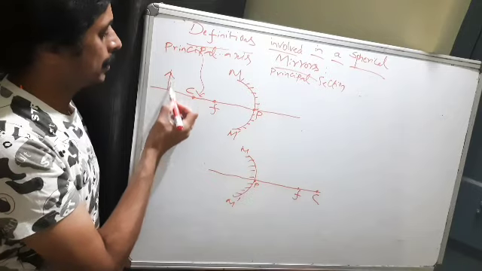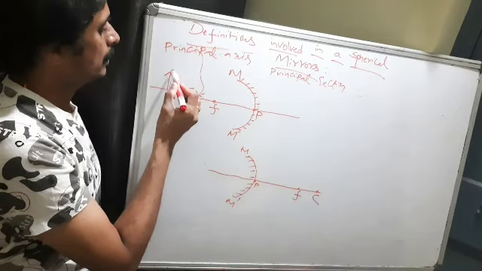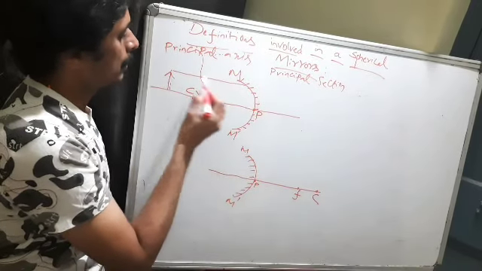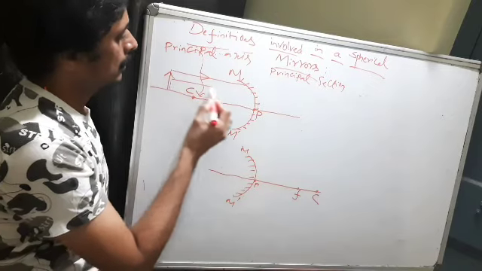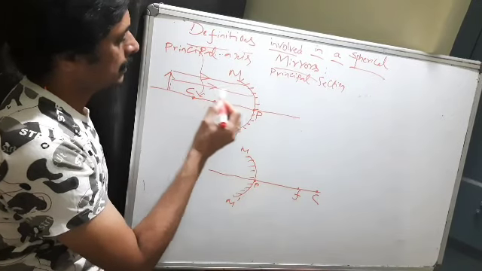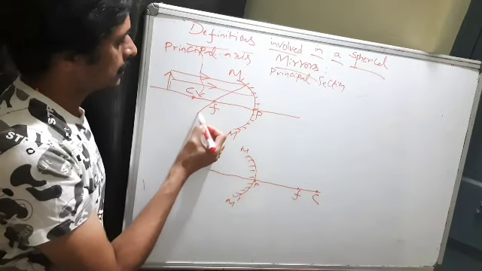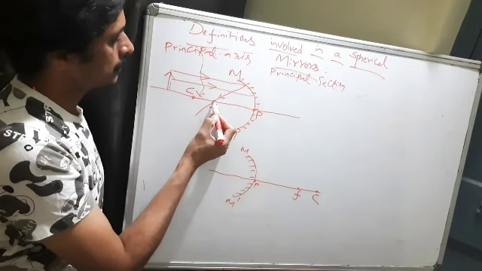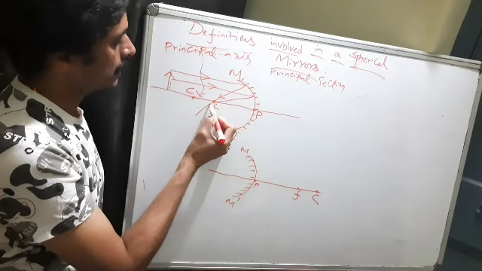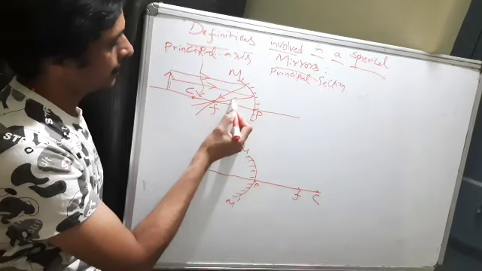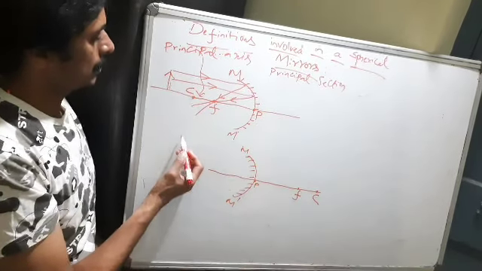Let me keep an object like this, and the rays of light hit the mirror, and all the rays of light tend to converge at a particular point.